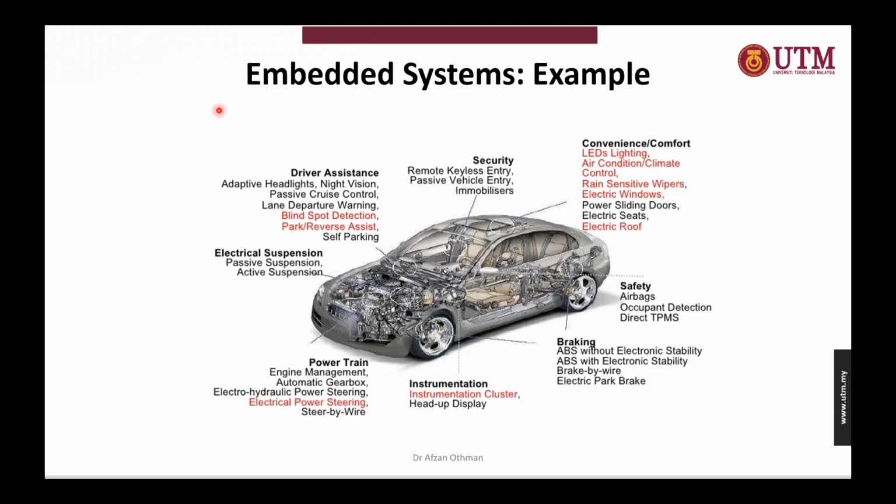These are examples of embedded systems inside one car. In one car, there are a lot of embedded systems that are combined together to make one complete system. For example, for convenience and comfort, we have the LED lighting, which replaces the bulb lighting system we previously had, which was not that good.